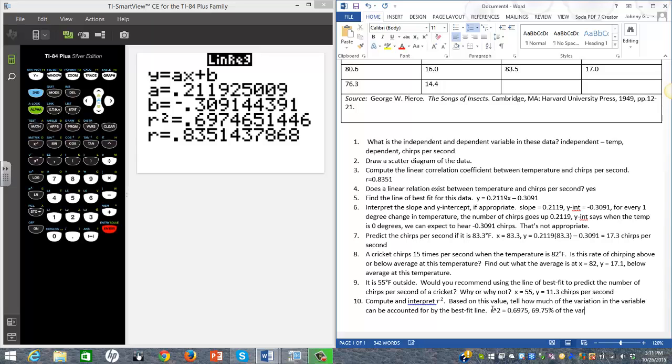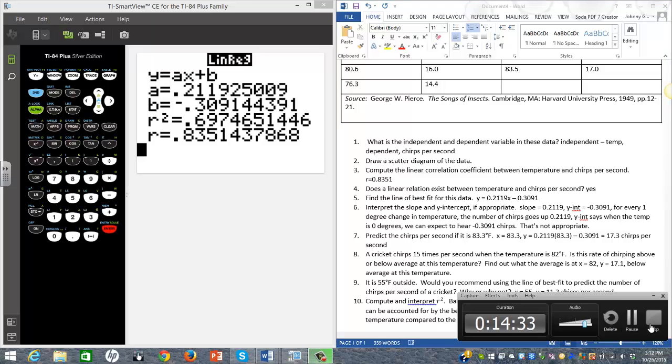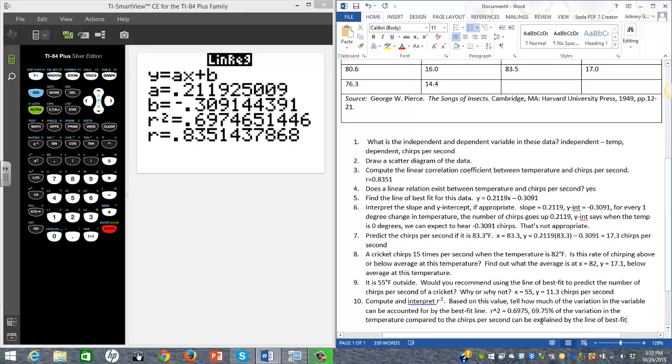of the variation in the temperature compared to the chirps per second can be explained by the line of best fit. Which implies that about 30% of the data must have something to do with outside variables that we have no idea about.